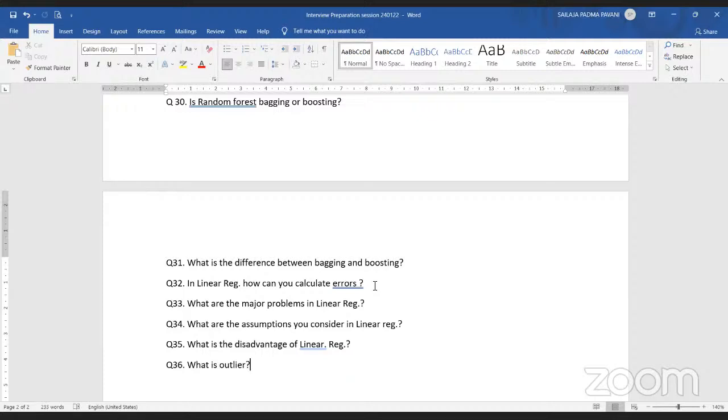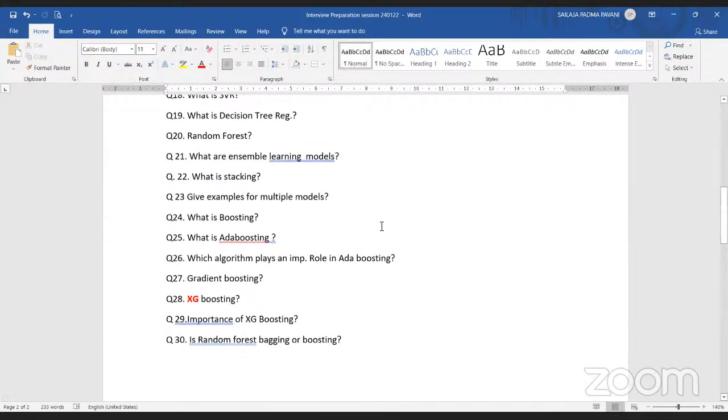So guys, what we have discussed today: we have gone through some types of ensemble learning models. Yesterday we discussed random forest. From today, in ensemble learning models, what is stacking, where we have multiple models? And boosting: what is AdaBoost, and what is its important role?